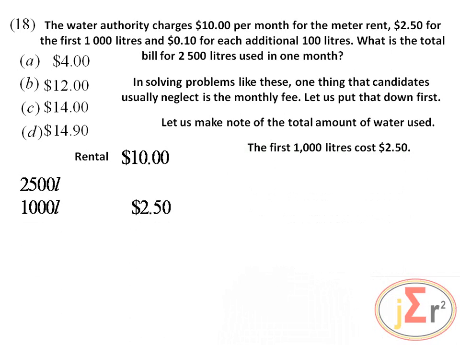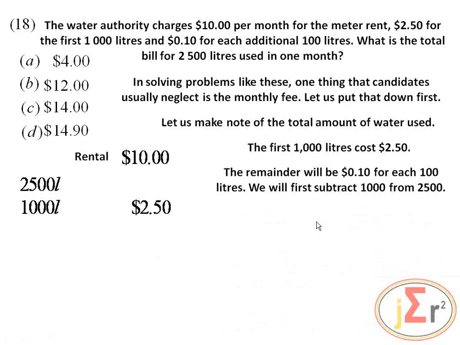But what is going to happen is that we are going to take out this 1,000 liters. So the remainder will be 10 cents for each 100 liters. In order to find the remainder, we will subtract first. Subtract 1,000 from 2,500. There we have it.